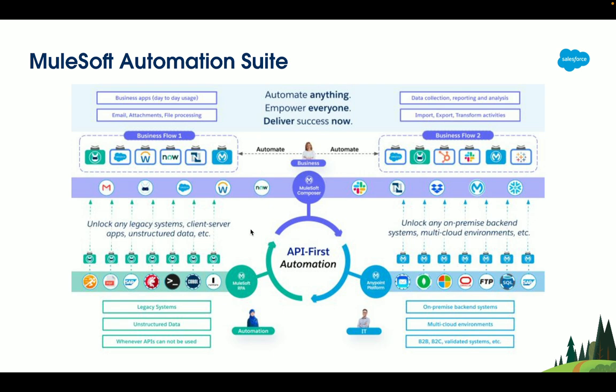MuleSoft RPA is a perfect product for these organizations, as it can interact with your legacy systems seamlessly. With MuleSoft RPA, we can interact with Composer, Composer can interact with Anypoint Platform, and Anypoint Platform can also interact with any of the other products out there, which enables you to automate a business use case end to end.